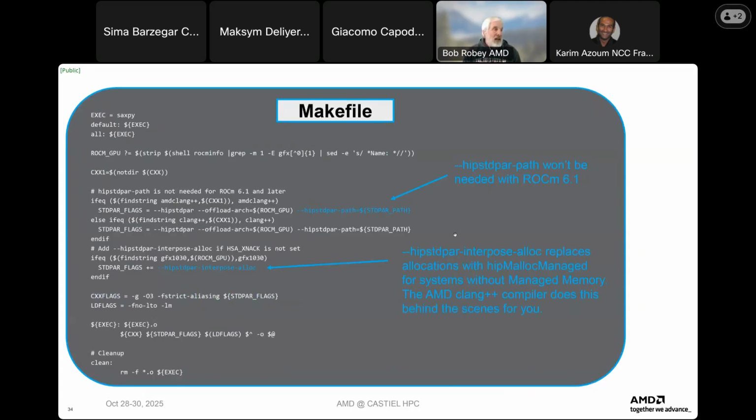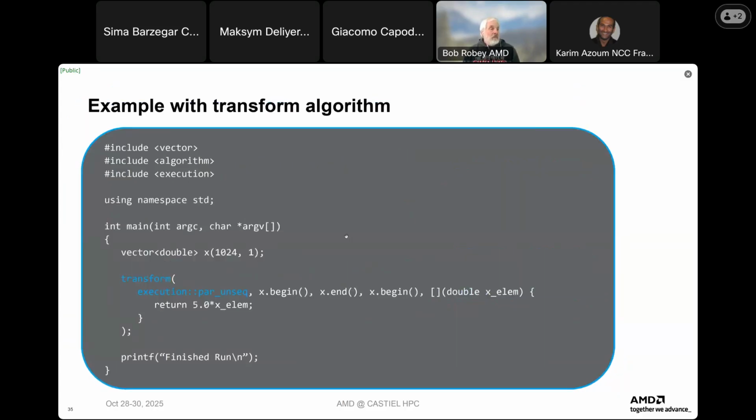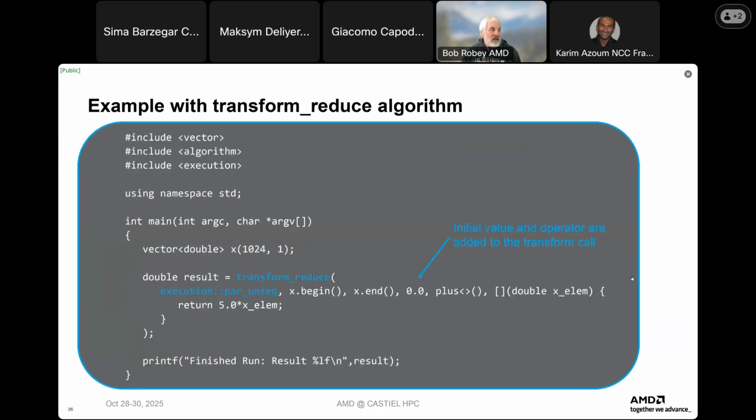So here's an example of the makefile that is being used. And there are some changes depending on what version of ROCm. And we have to supply a few additional compiler hints to get the right paths. So we talked a little bit about par unsequence already.